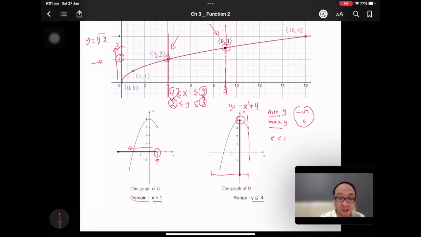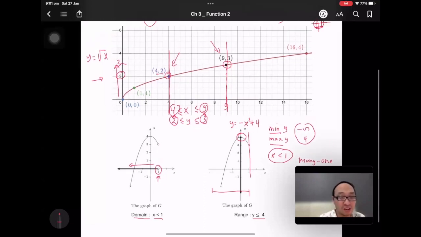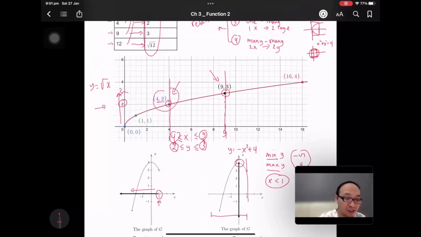So that means if we have a many-to-one function, we have to check whether there is a value that is higher or lower within the given domain. You cannot just find the values at the border like with a one-to-one function.